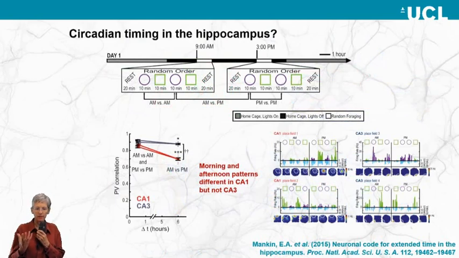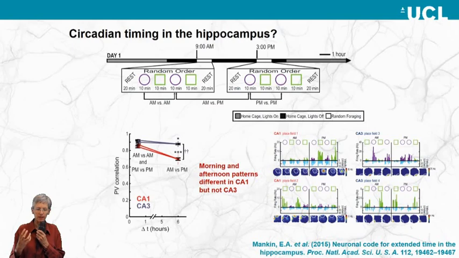Now, I've mentioned that circadian timing is not the function of the hippocampus, it's the function of the suprachiasmatic nucleus. But there have been some suggestions that place cells do show a circadian cycling, if you like, that's similar to this long-scale cycling that I've just told you about, except it's on a 24-hour cycle. This is an experiment where they recorded place cells in two types of apparatus, a circular apparatus or a square apparatus, and they recorded either in the morning or the afternoon, and in the CA3 region or the CA1 region of the hippocampus.